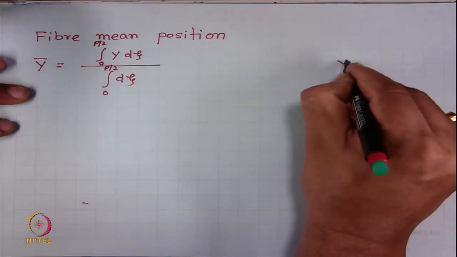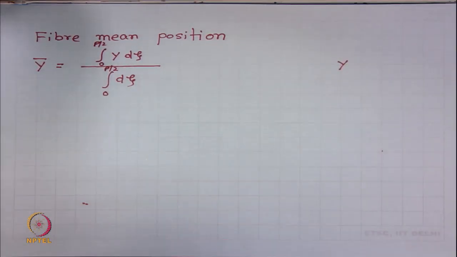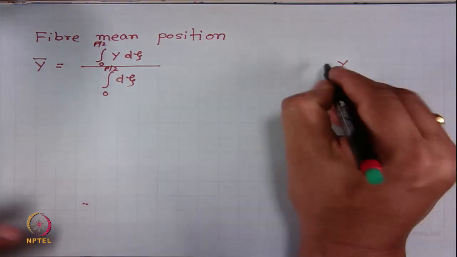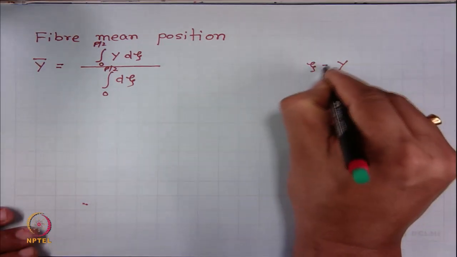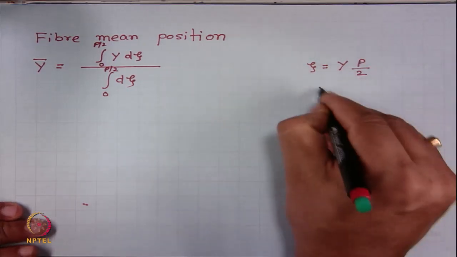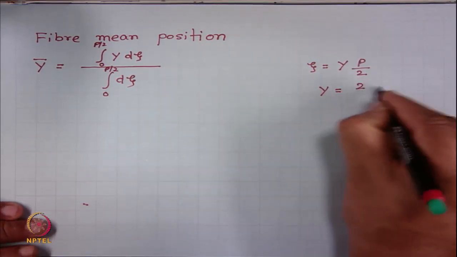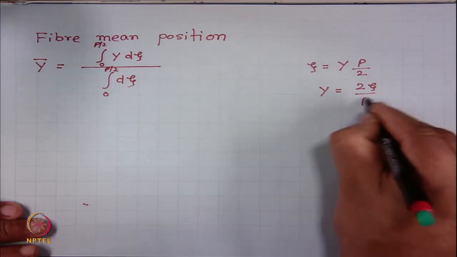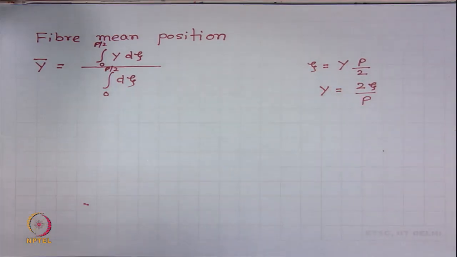And what is y? Y was, zeta is equal to y times p by 2. So, y is equal to 2 zeta by p. This is how fiber mean position is defined.